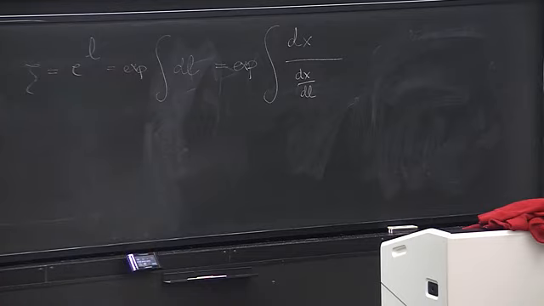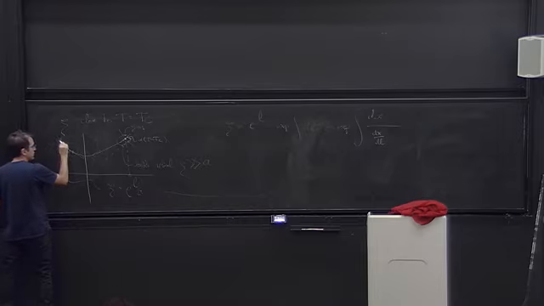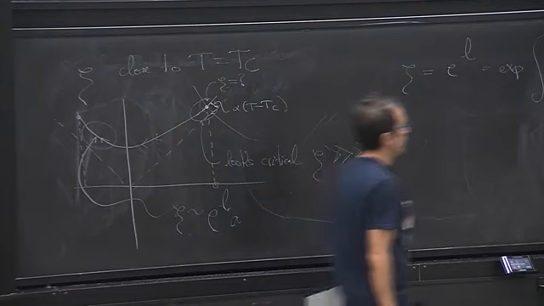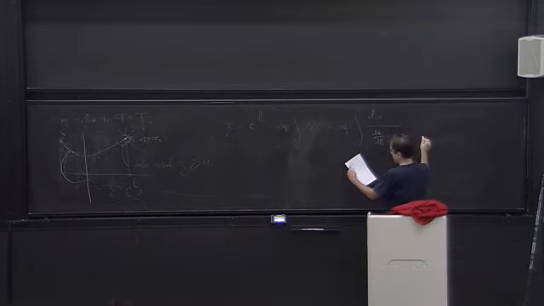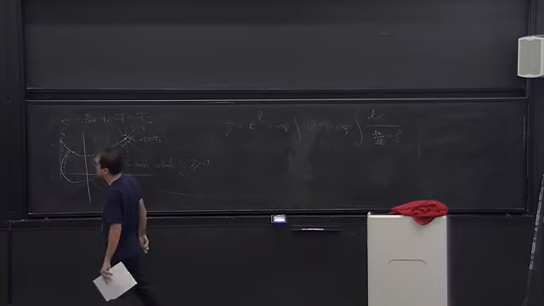And I start with some x, and I go to some other x here. Instead of integrating in l, because I know this RG flow, I can integrate in x from this point to this point. But dx/dl is basically y squared, right?